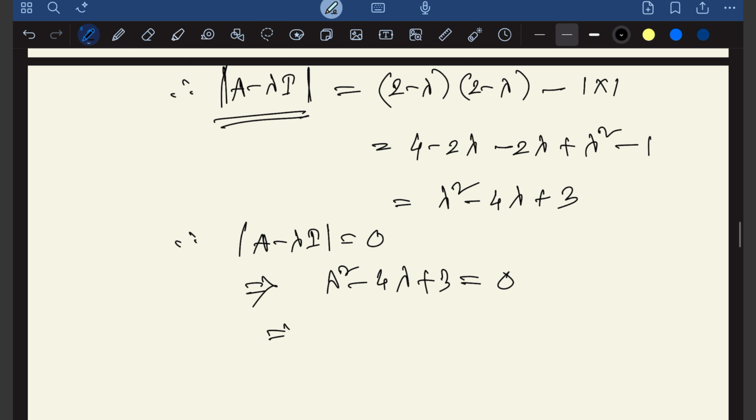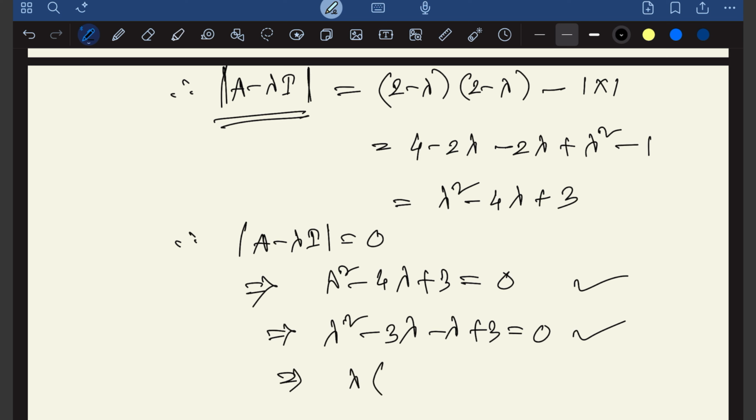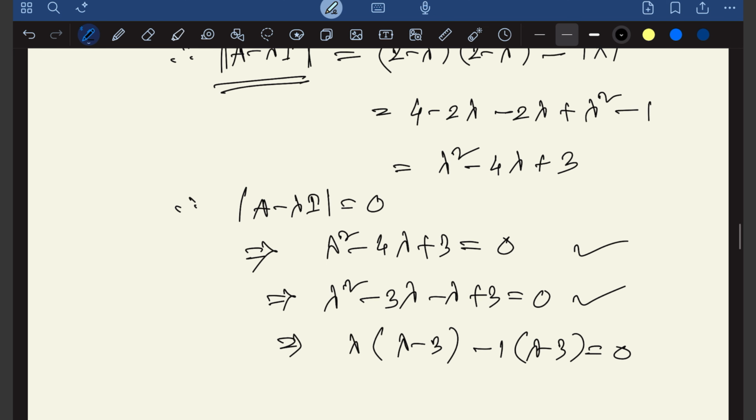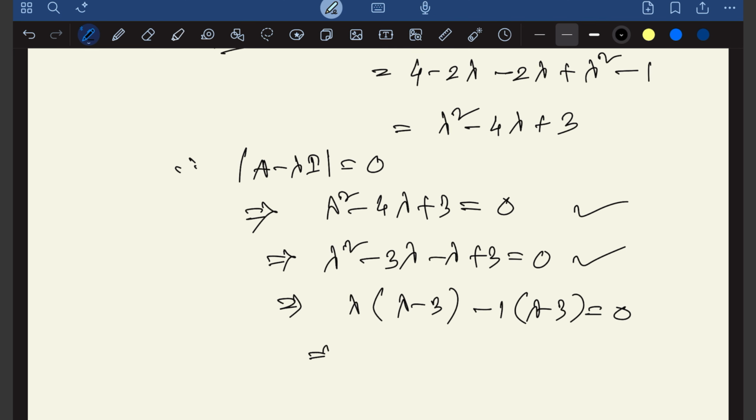Can I write this line as lambda square minus 3 lambda minus lambda plus 3 equal to 0? Okay. If I take lambda common from the first two terms, lambda into lambda minus 3, and minus 1 common from the last two, minus 1 into lambda minus 3, equal to 0. Actually I am factorizing. If I take lambda minus 3 common, then lambda minus 1 equal to 0.